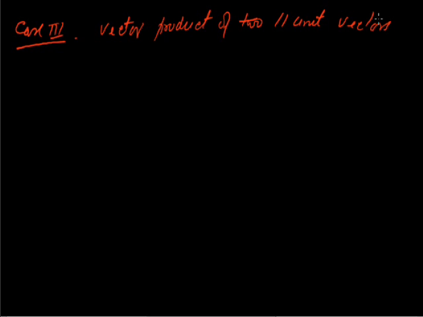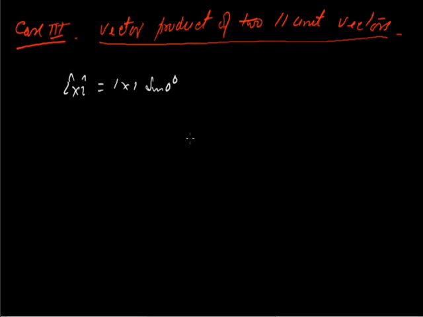Now case third, vector product of parallel unit vectors, meaning i, j, k, which are mutually perpendicular. We have to multiply i and i, that's i cross i, which will be 1 into 1 into sine of 0 degrees n cap, because the angle between i and i is 0 degrees.